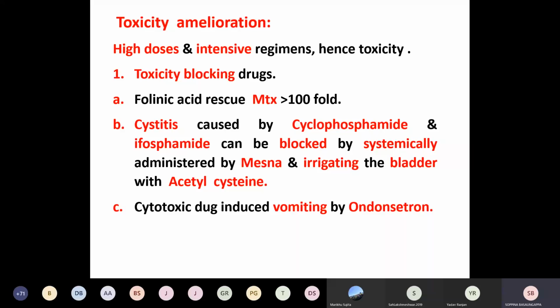Now, yesterday we have seen that cytotoxic drugs stimulate the chemoreceptor trigger zone. What will happen as a result? There is vomiting. And that vomiting can be blocked only by ondansetron, not by the other anti-emetic drugs. Ondansetron will prevent the cytotoxic drug induced vomiting.